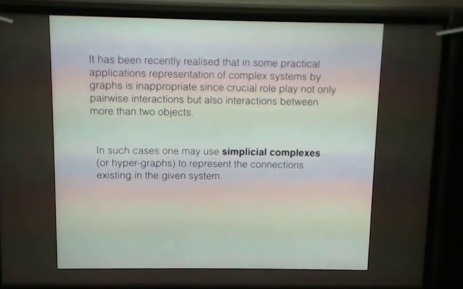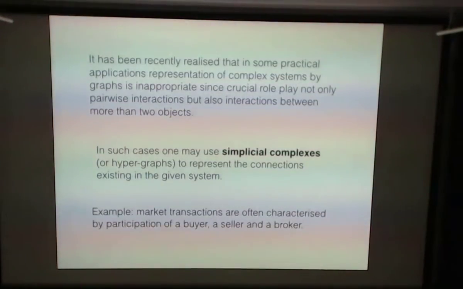So there can be relationships not between pairs of objects, but between triples of objects. And if you have a triple of objects, you can represent it by a triangle in your simplicial complex, or you can have even bigger relationships between a bigger number of participants. And here I have a very simple example. I should admit I don't know much about this, but market transactions are characterized by a buyer, seller, and a broker.